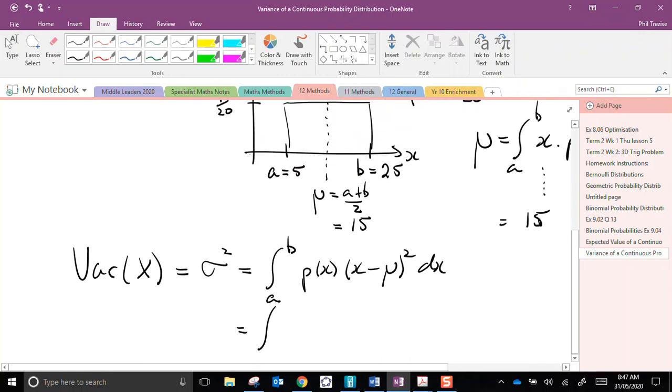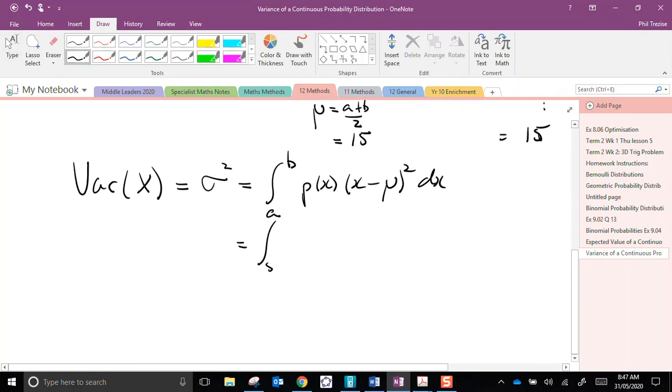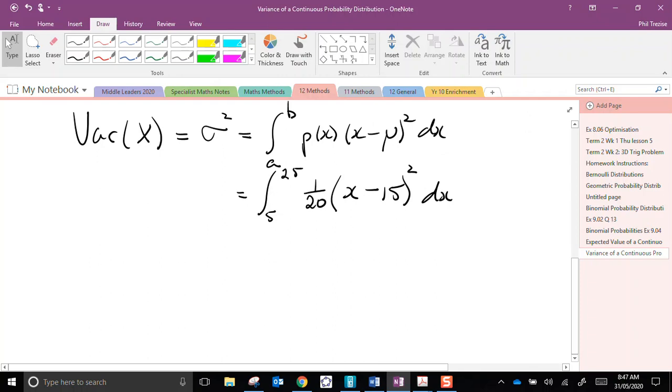Our lower limit was 5 and the upper limit is 25. Our probability function has the value 1 over 20. x is a pronumeral. The mean is 15. All this is squared, and then we use dx. Now this is a definite integral, which we need to evaluate.